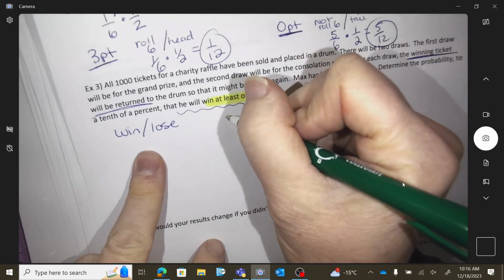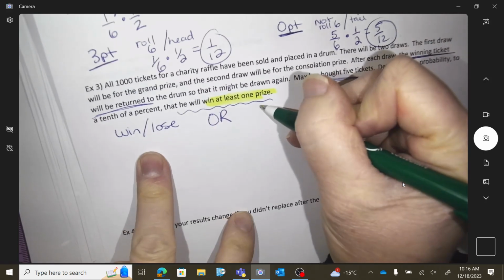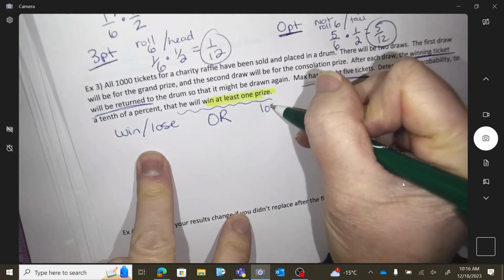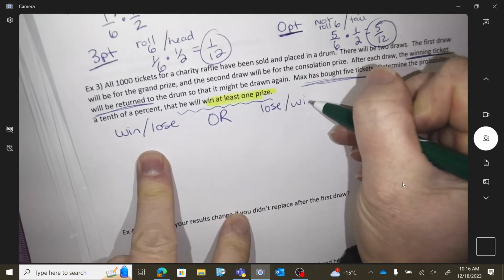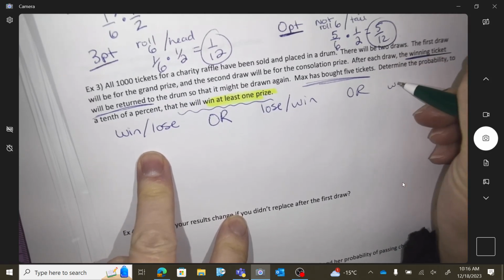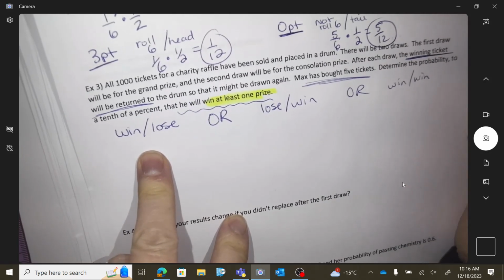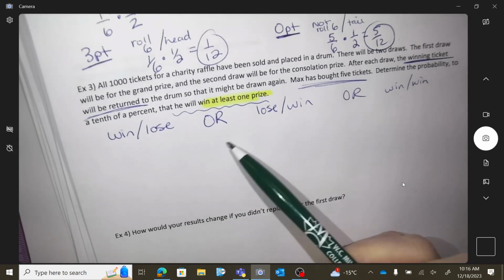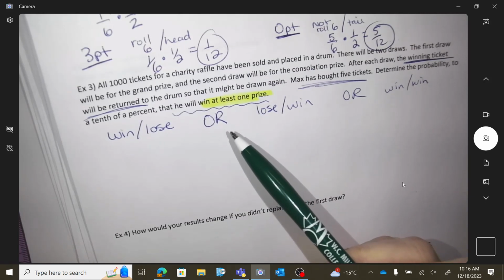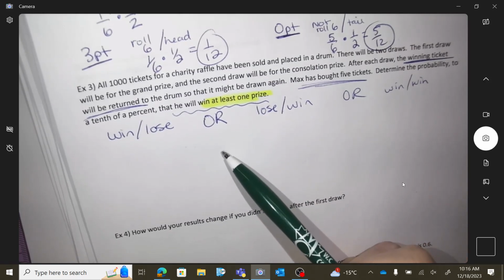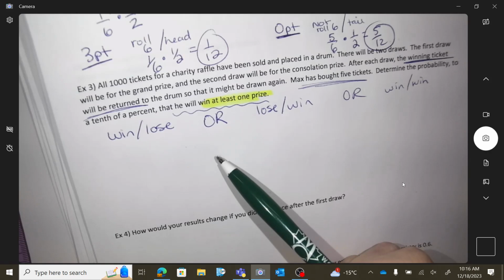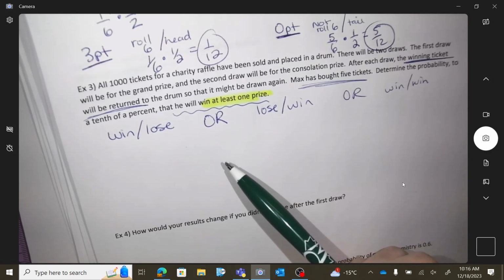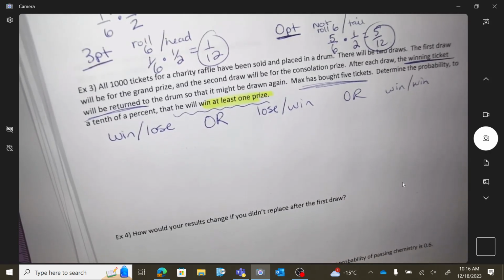What else could happen? Lose, win, or win, win. Okay? This situation would have been the same as when we were doing, one of them is going to be a win, and then you would times it by 2, choose 1, because you're choosing one of the events to be that win.